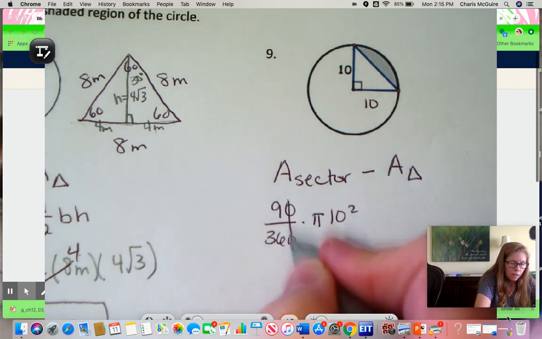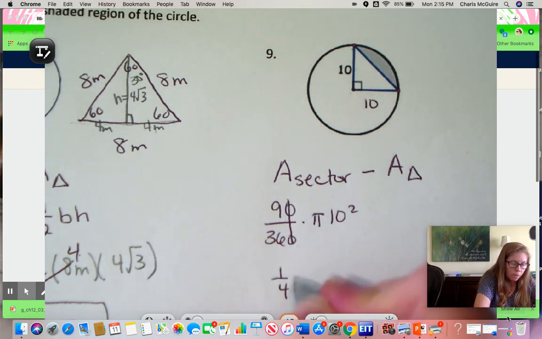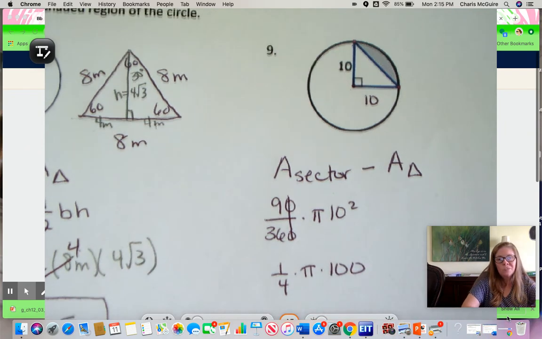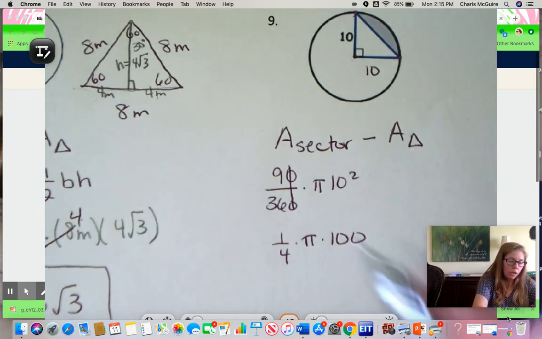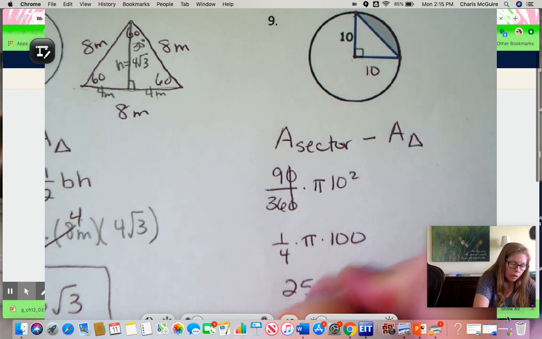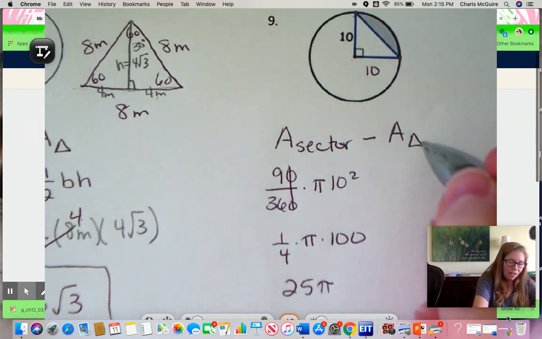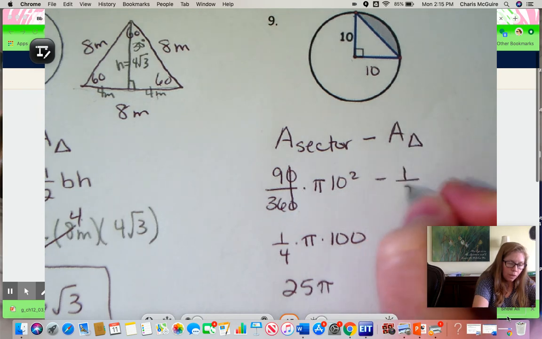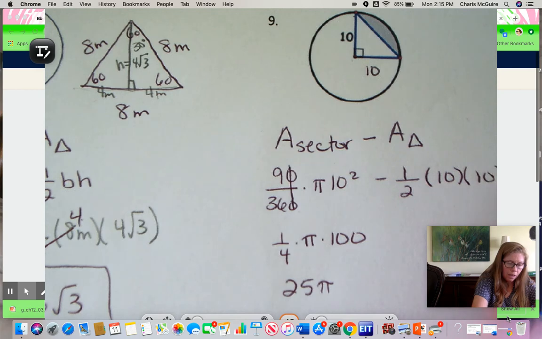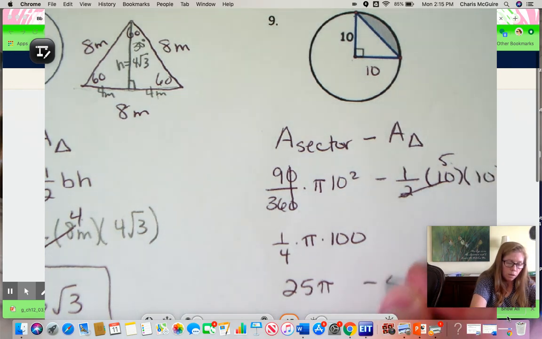So we've got 1/4 times pi times 100. And 100 divided by 4 is 25 pi. Yay. Now the area of the triangle, minus 1/2, a base of 10, and a height of 10. Half of one of these 10s is 5, and 5 times 10 is 50. So we're just subtracting 50.